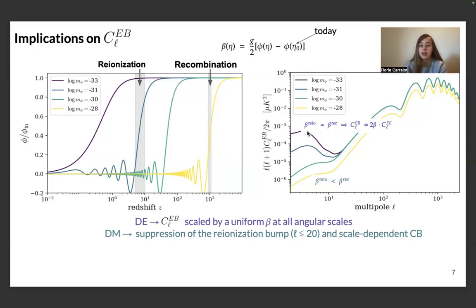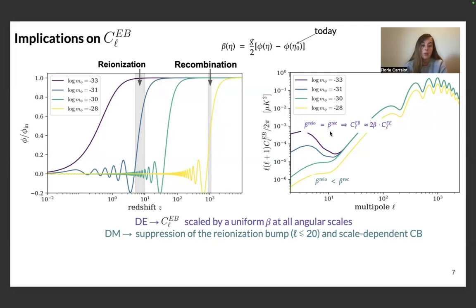So the beta at reionization is equal to the beta at recombination. So in the dark energy regime, the EB power spectrum is scaled by a uniform beta, and the shape of the EB power spectrum is essentially similar to the shape of the EE power spectrum.